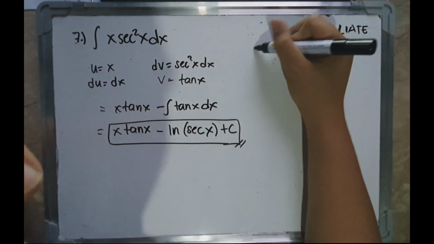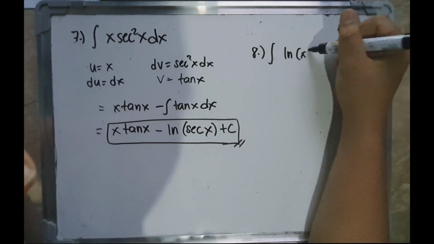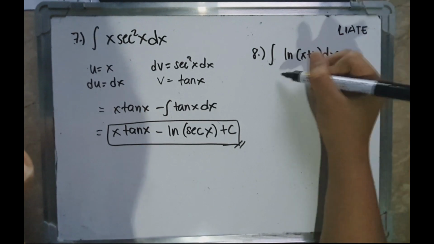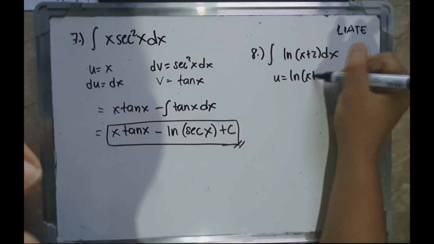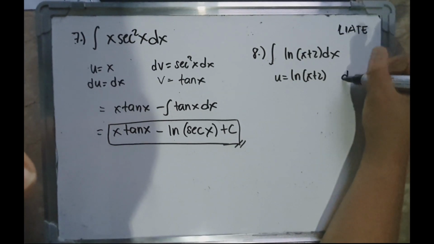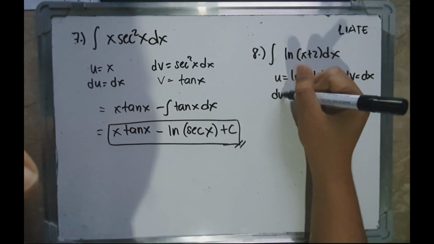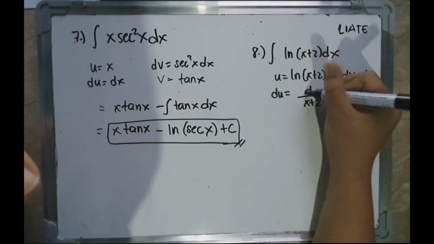Okay, this will be our final answer. Number 8, integral of ln of x plus 2 dx. The u is obviously ln of x plus 2. There are no other functions. And the dv is dx. The derivative of u, dx over x plus 2.